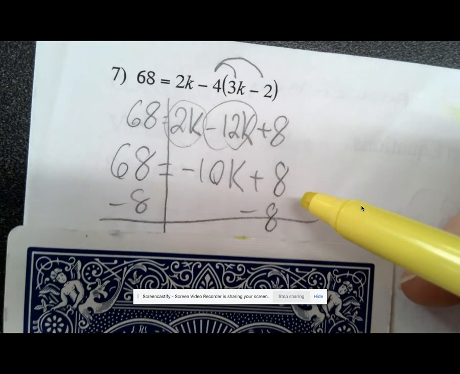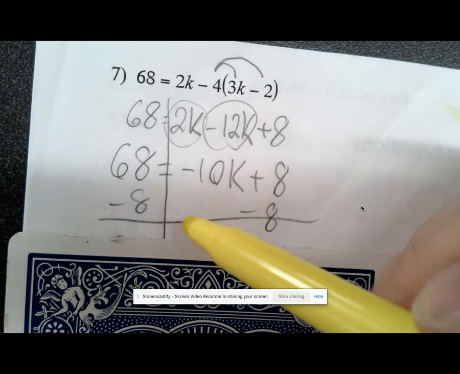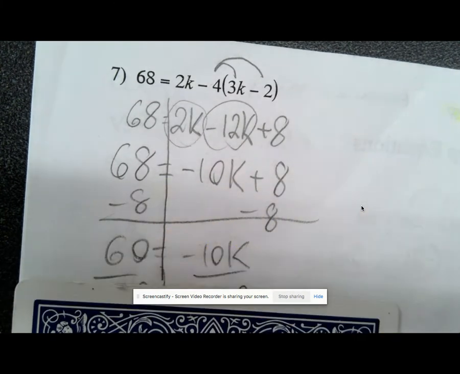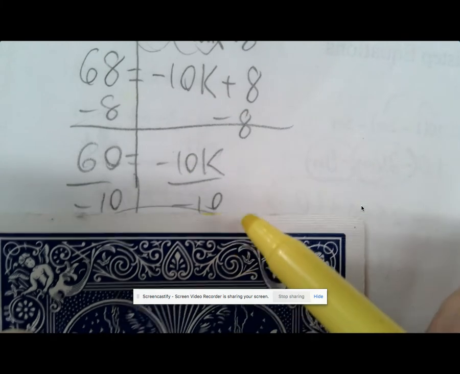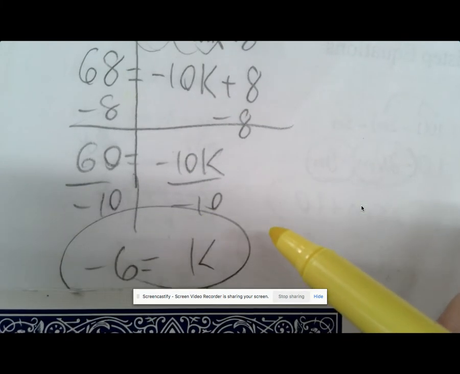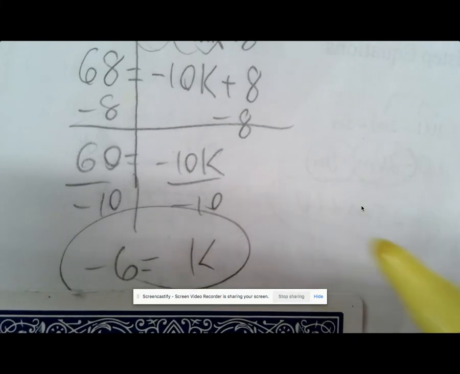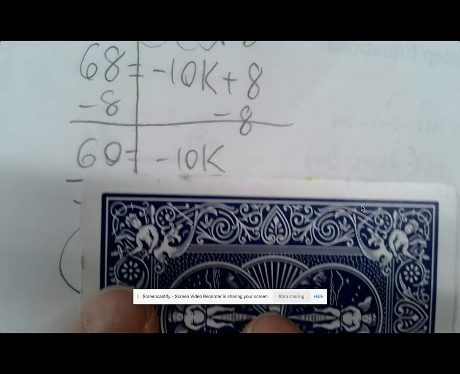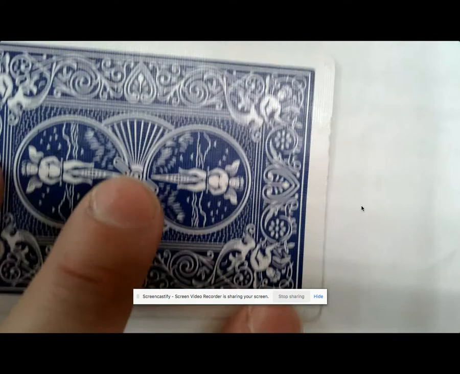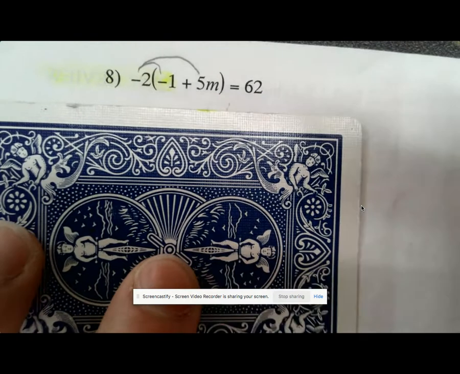Subtract 8 from both sides, you get a nice number here of 60. Don't forget to bring down the negative. That's a -10k. Divide each side by -10. You get k equals -6. So again, if you can do these questions on the review, you'll be perfectly fine to do the quiz on Friday.